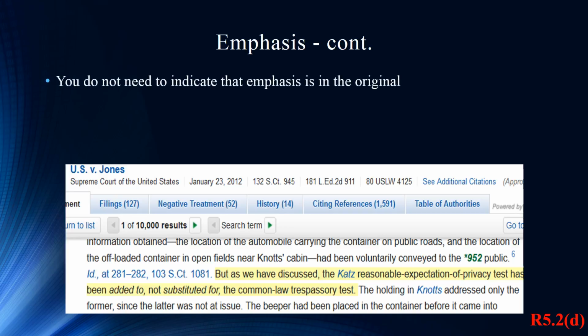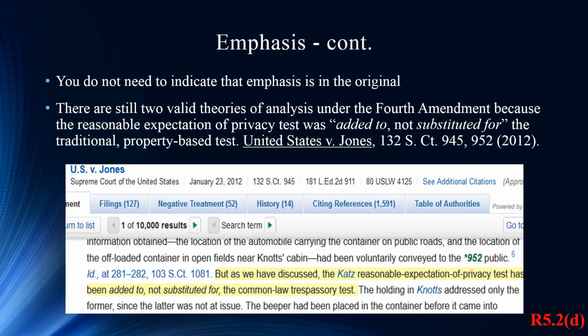Finally, you do not need to indicate that emphasis is in the original if you do not change it. Let's look at the United States versus Jones example. Here, 'added to, not substituted for' is emphasized exactly how the court did in Jones. Therefore, a parenthetical after the citation is not needed.